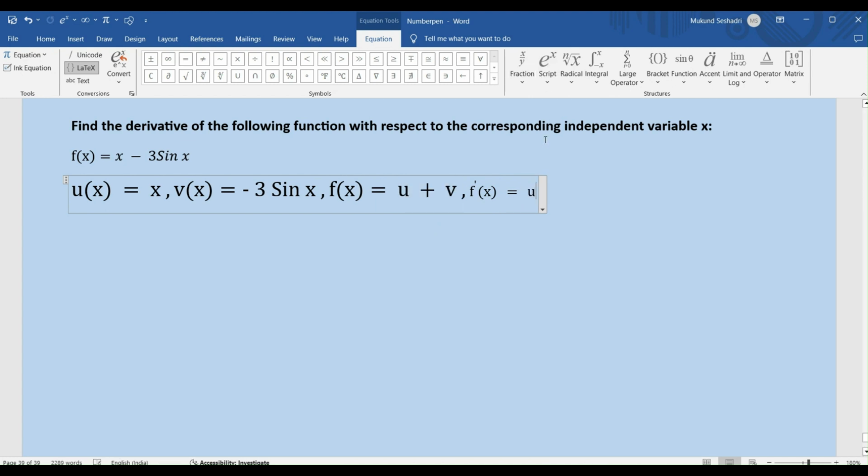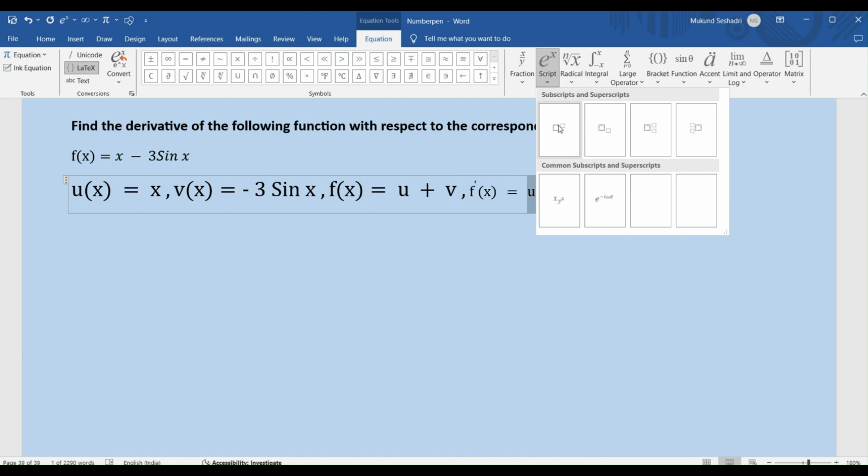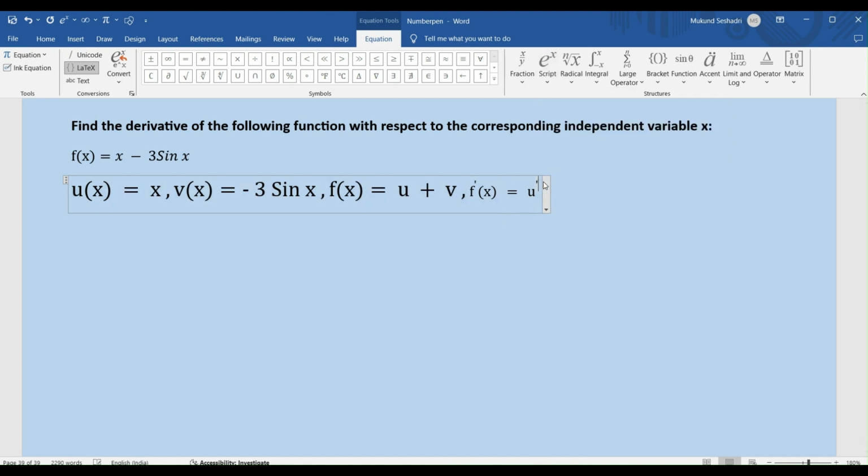So my u becomes u dashed and my v becomes v dashed, right? So the derivative of the function is the derivative of the function x and the derivative of the function minus 3 sine x, right?